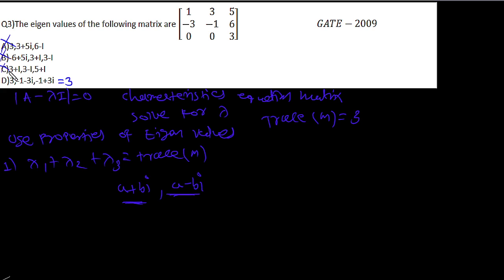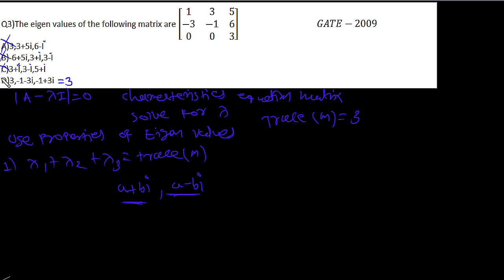And in option C, there are three complex numbers, and these are actually complex. There is a mistake in typing. So you can see that option C is not the right answer.